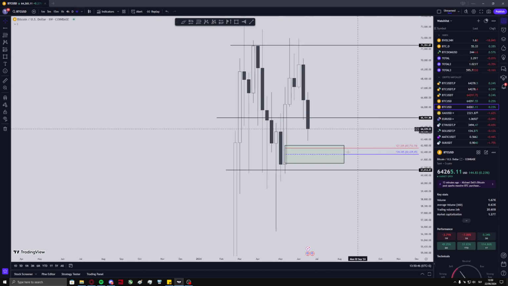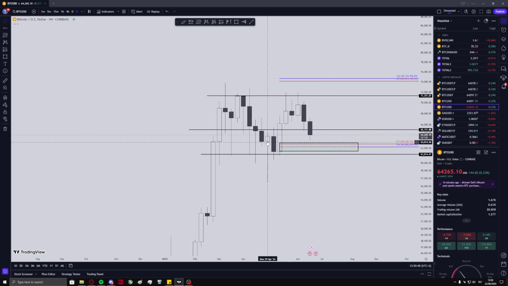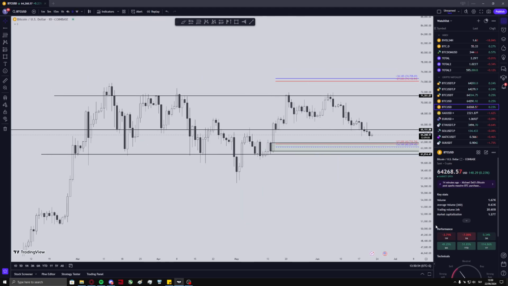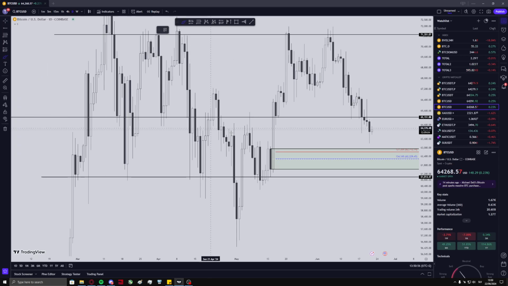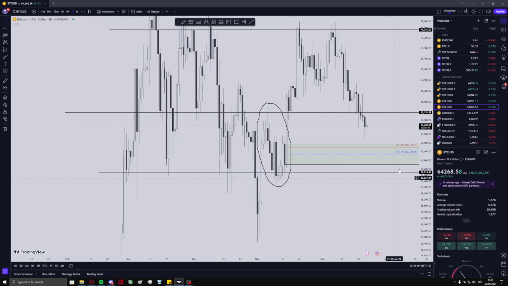Correct, it is. So this is a weekly chart. You can see this whole area, this is an order block, right? If you go on the daily, that would include this one. So this small range here, this is an order block on the weekly.